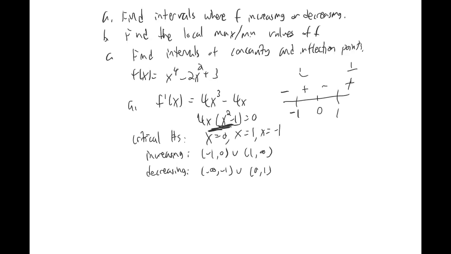Okay, so now find the local max and min. For part B, we're almost done with it already. These are the critical numbers. From the chart, let's look at -1. Before -1, I'm decreasing, because it says I'm negative. After -1, I'm increasing. So what am I?